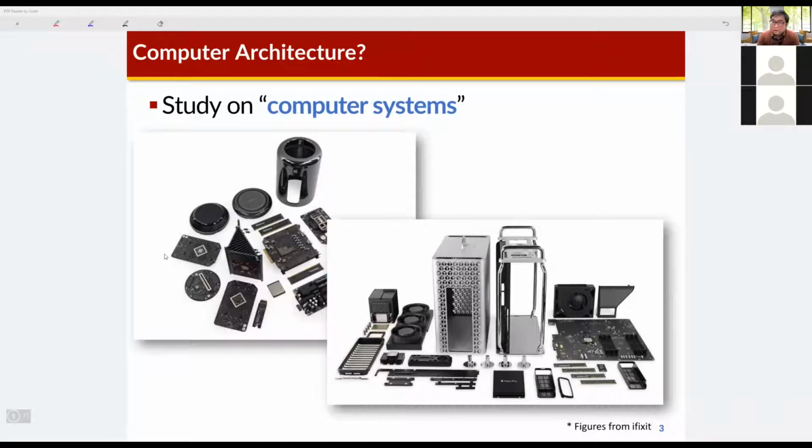In the previous class, I introduced this course, and then I briefly introduced what computer architecture is. This is the computer architecture course for undergraduate students, so you need to understand what will be learned in this course.